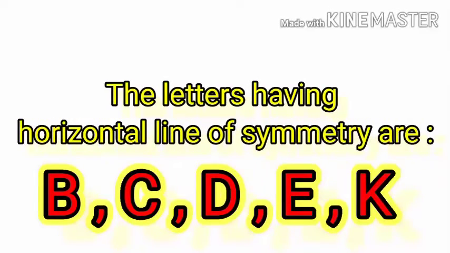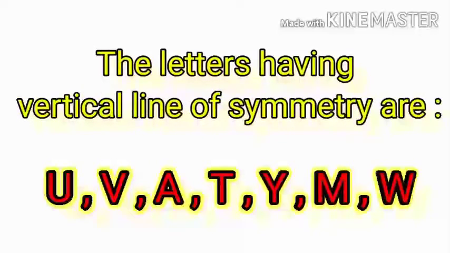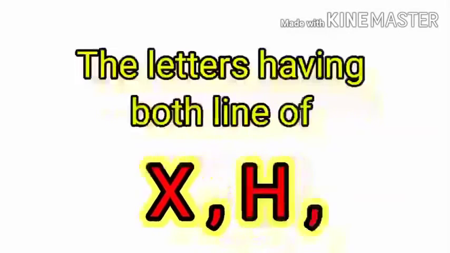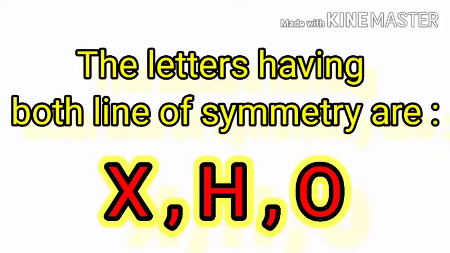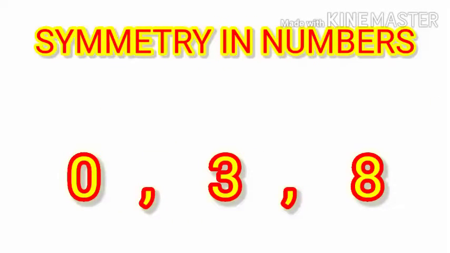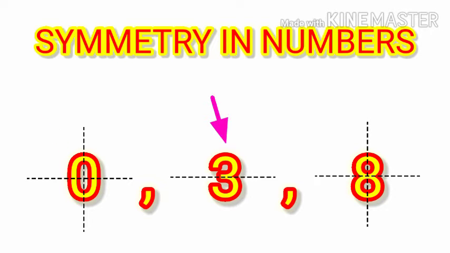The letters having a horizontal line of symmetry are B, C, D, E, and K. The letters having a vertical line of symmetry are U, V, A, T, Y, M, and W. The letters having both lines of symmetry are X, H, and O. Now, symmetry in numbers. There are some numbers between 0 to 9 which are symmetrical. The numbers having a line of symmetry are 0, 3, and 8.